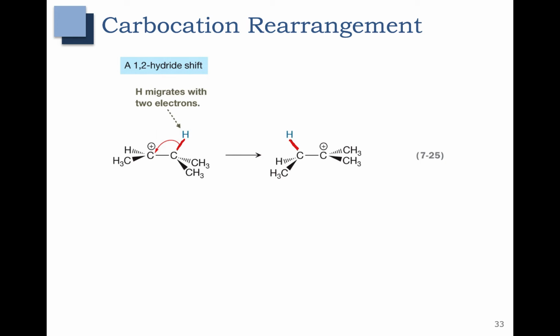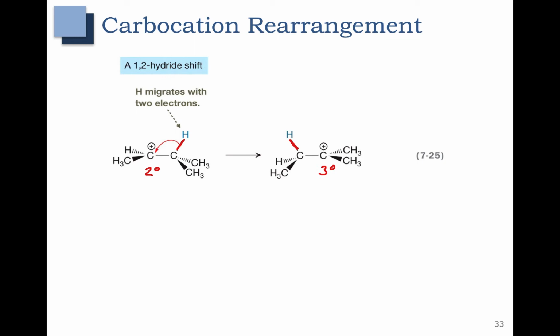Why does this happen? Well, let's identify our carbocation on the left. This left carbocation has 2 carbons attached, so that makes it a secondary carbocation. And on the right, we have a carbocation that has 3 carbon groups attached, so this is a tertiary carbocation.